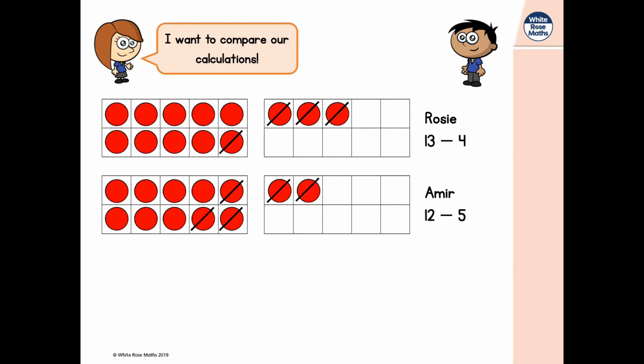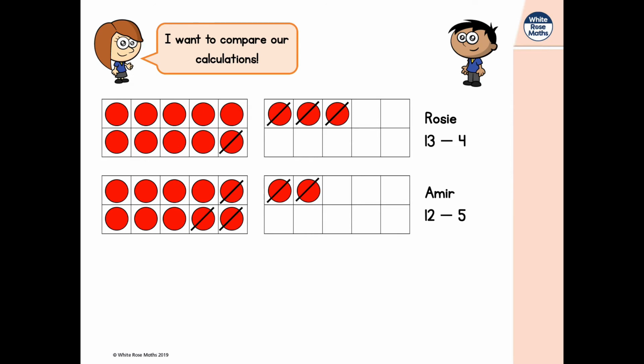Rosie says, I want to compare our calculations. Do you remember what comparing is? It's seeing which one is greater than or less than. Rosie wrote 13 subtract 4. Amir wrote 12 subtract 5.